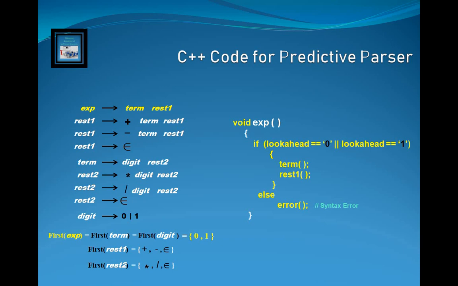So first of all we will write code for each of those functions. The first non-terminal we look at is exp, or you can say the start symbol of this grammar is exp. So we can write the function exp in this way.